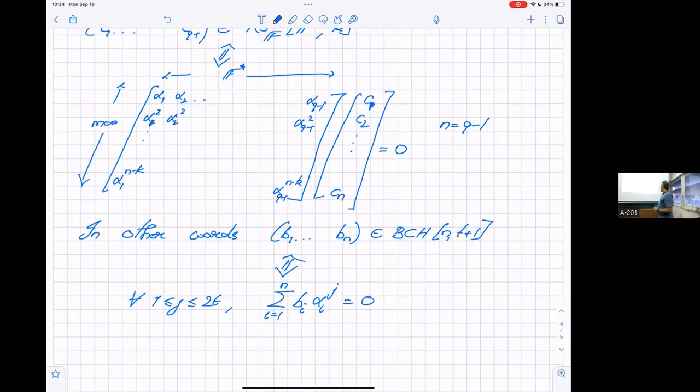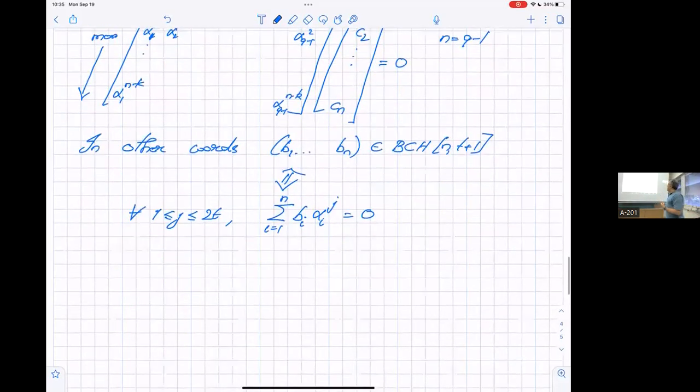Okay. But at this point, we already got 2tr, but I want to be a little more pedantic and say exactly what are the 2tr constraints that this is expanding out to.